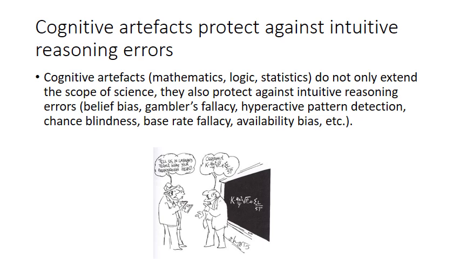Well, they do not only extend the scope of science. Without mathematics, obviously, we couldn't have Newtonian physics, let alone Einsteinian physics. So they radically extend the scope of sciences. But they also protect against reasoning errors, against intuitive reasoning errors.